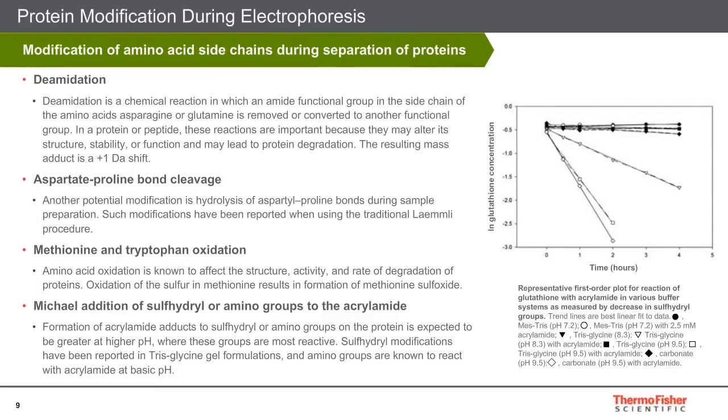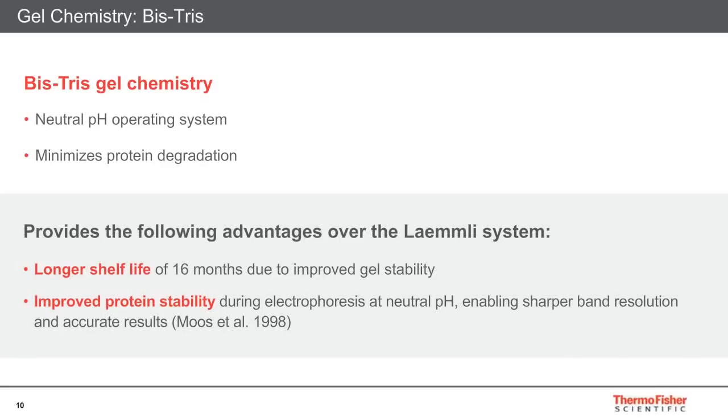The Tris-Glycine buffer system with pH 9.5 showed the highest level of glutathione modification, whereas the Bis-Tris or Tris buffer system with pH 7.2 showed essentially none or minimal glutathione modification, as represented by solid or open circles at the top. Therefore, the alkaline pH of the Tris-Glycine buffer system results in significant protein modification compared to the neutral pH Bis-Tris system.